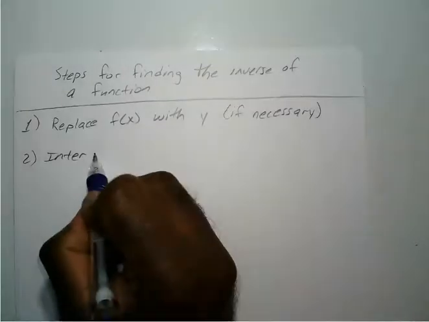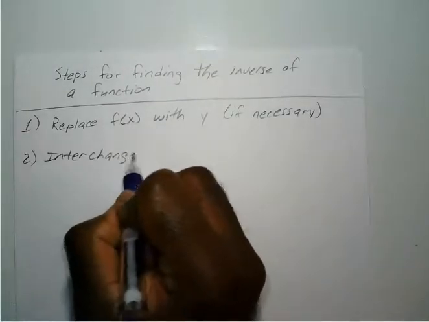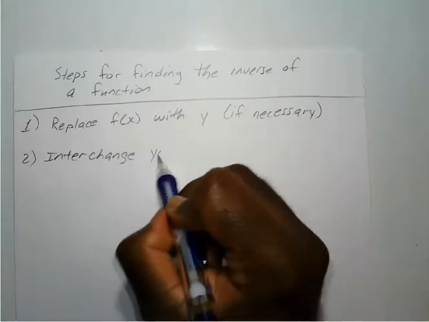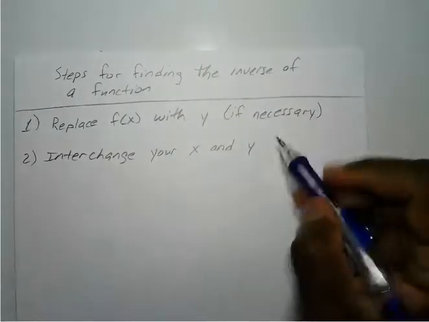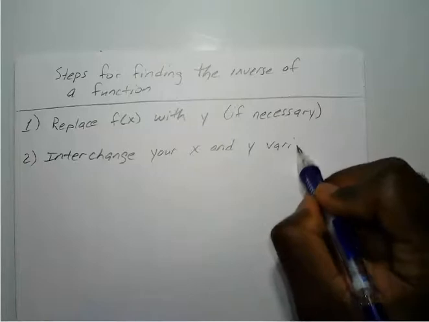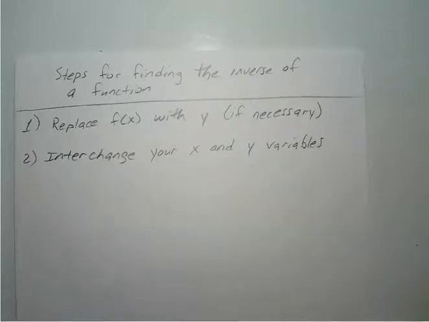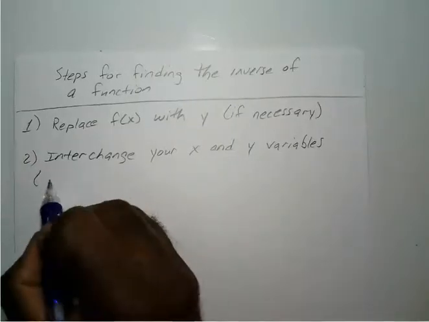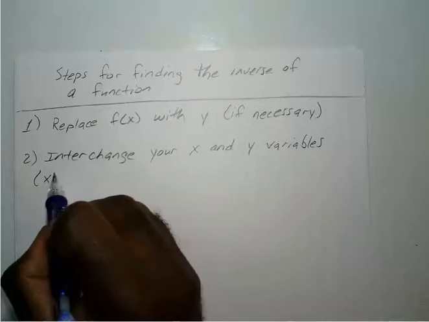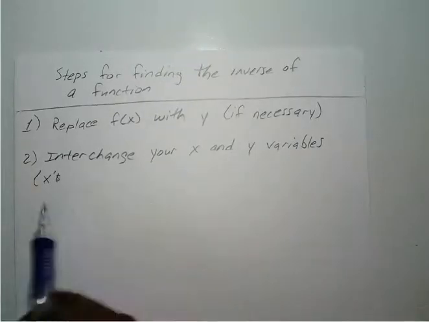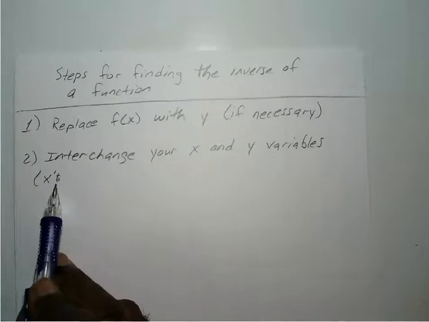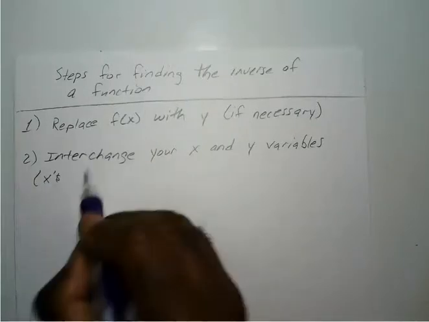Okay, now you're going to interchange your x and y variables. Okay, so in other words, your x's become y's. I put the line in my x so you won't think it's a 5 or anything.